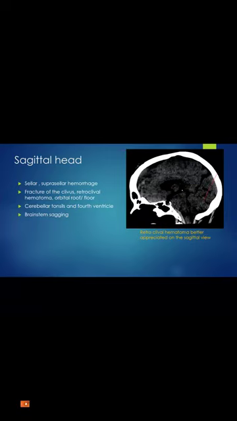Again, the sella in the sagittal head. Sometimes you may have a patient with headache, the CT is negative, but the only finding is pituitary hemorrhage, and the only way to see it is in the sagittal. Fracture of the clivus, retroclival hemorrhage, orbital roof, cerebellar tonsil herniation, brainstem sagging.